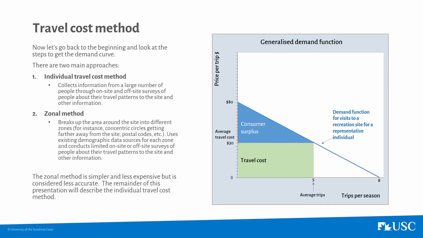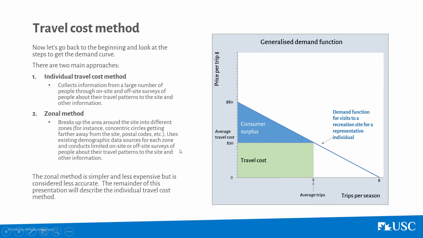We would collect a large amount of information from a bunch of different respondents about their travel patterns, how far they went, how much money they made, how many people they went with, where they stayed, how much it cost to stay, all of that information. We would then use regression analysis to find the relationship between travel cost and the quantity consumed.